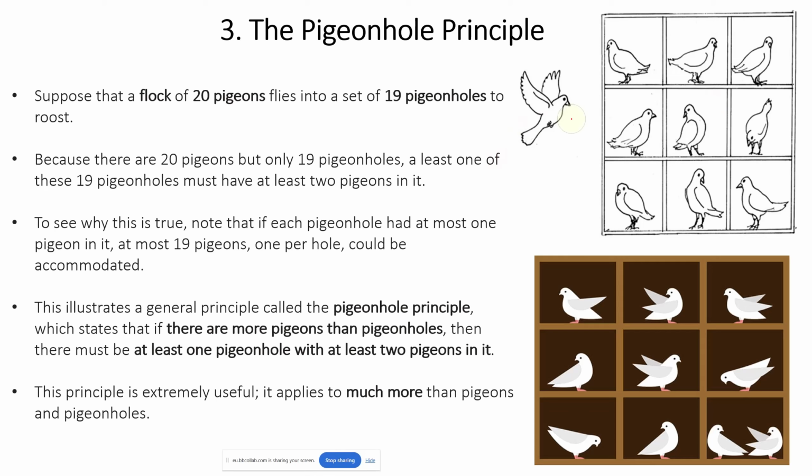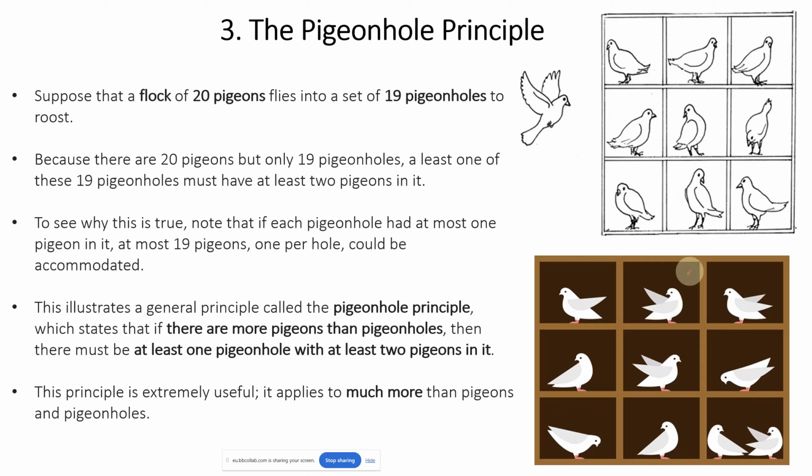Now, what this pigeonhole principle says is, if you have 9 boxes here, and then you have 10 pigeons that are going to try to fit into those nine boxes, well, there's no way that each one of them is going to have only one. Maybe generally each one is going to go for the empty one, but when they're all full, the last pigeon is going to pick one and complete it.